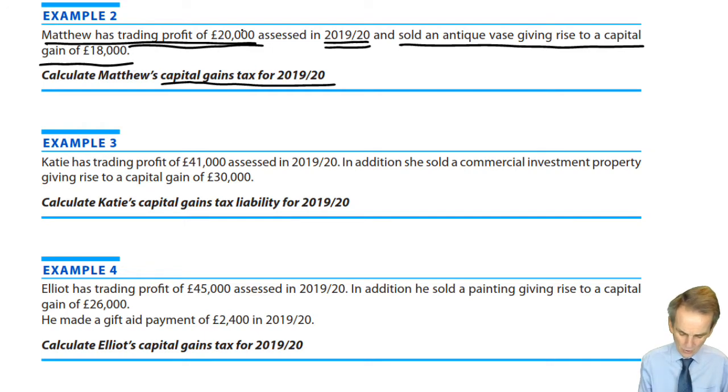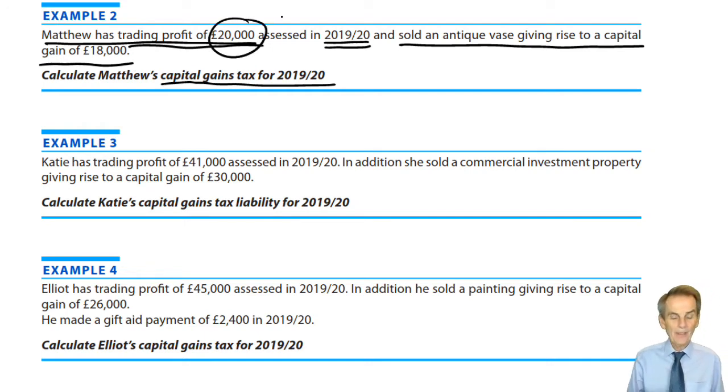So you know what the trading profit is, £20,000. That would go into your income tax computation. It's the only source of income, so it would be Matthew's net income here. But you would have to deduct your personal allowance to give you taxable income, the basis upon which then any CGT liability can be computed.